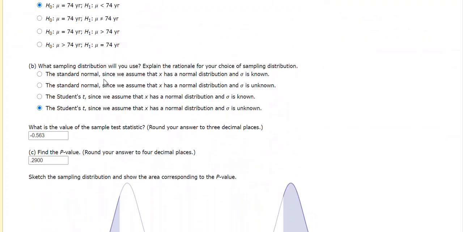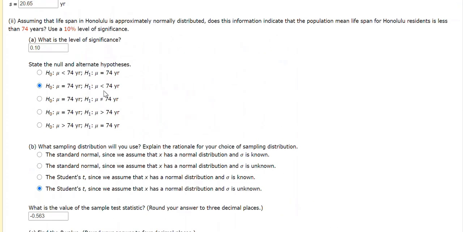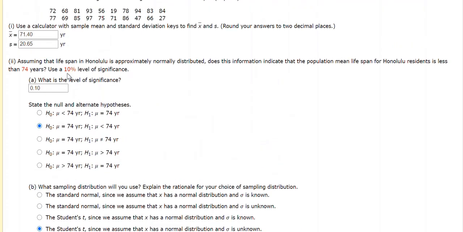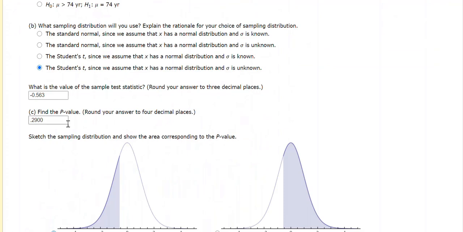And in this case, my p-value is bigger than alpha. And in statistics, we reject small things and we fail to reject big things. In this case, 0.29 is bigger than 0.1, so we fail to reject.